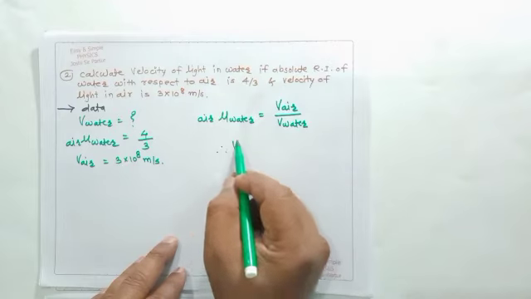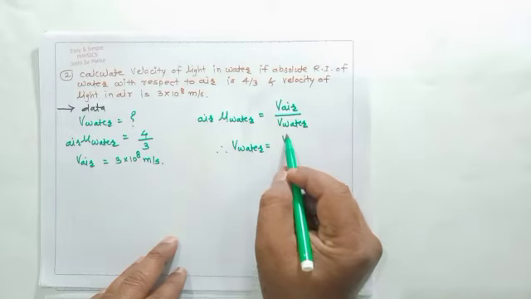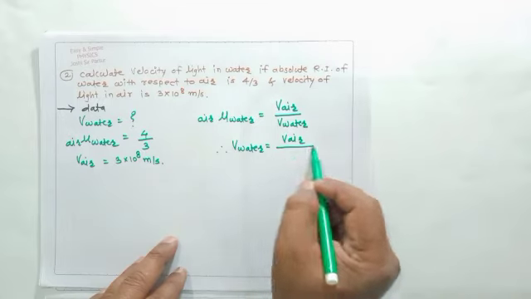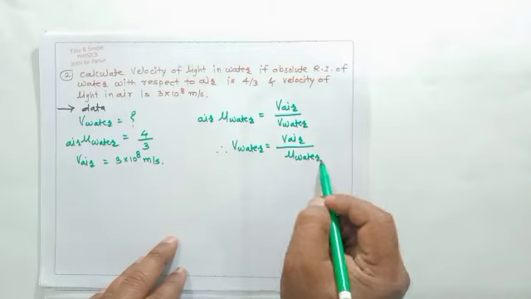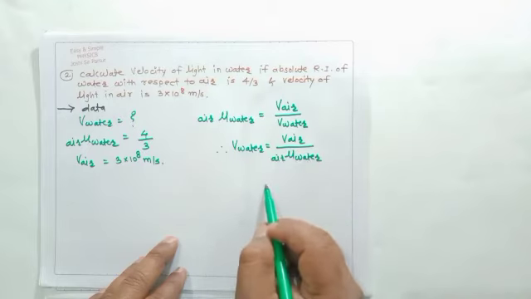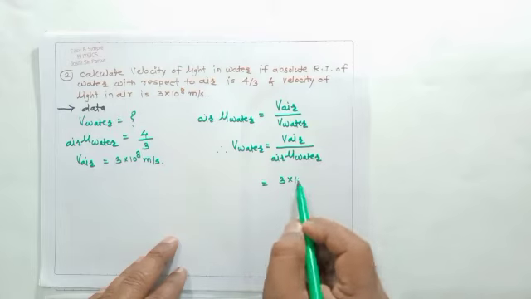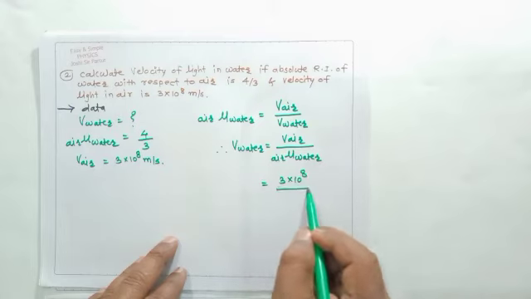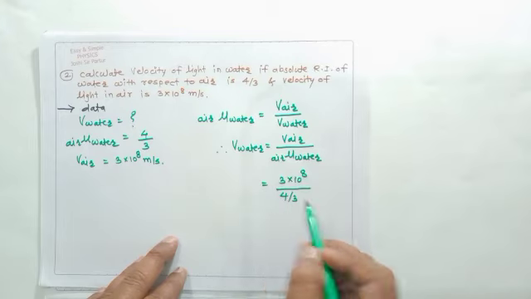Therefore velocity of light in water is equal to velocity of light in air divided by refractive index of water with respect to air. So here we can substitute 3 into 10 to the power 8 divided by, here mu will be given as 4 upon 3.